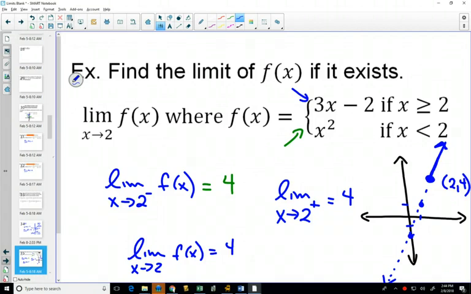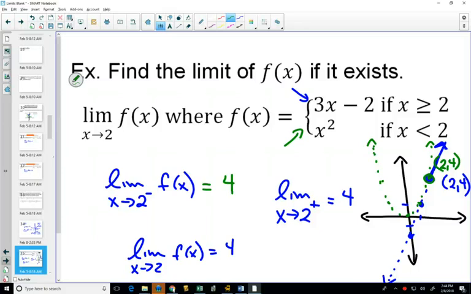For my parabola, there's my parabola. Again, I'm going to label the point where it changes at 2. In this case, it's going to be an open circle at 2, 4.